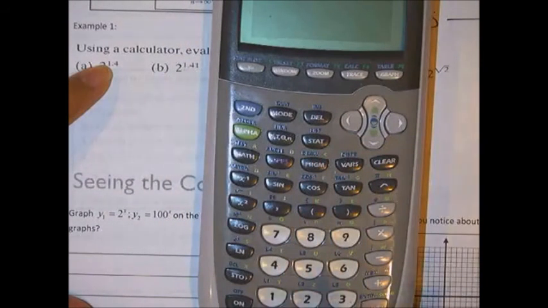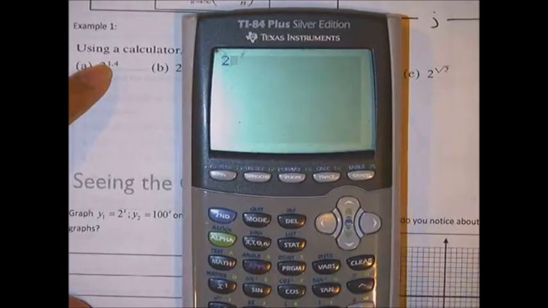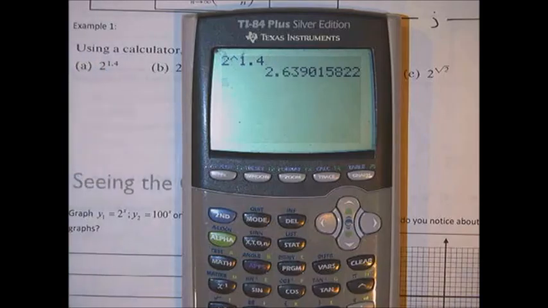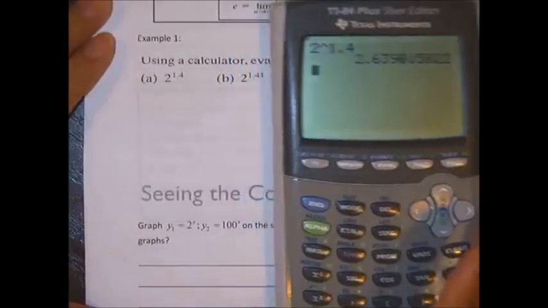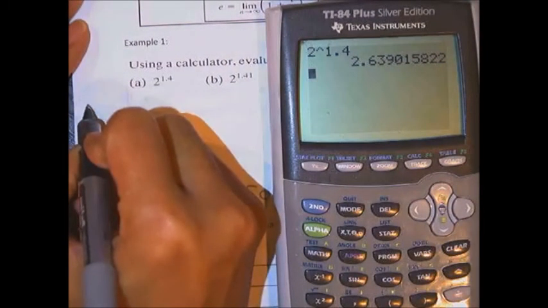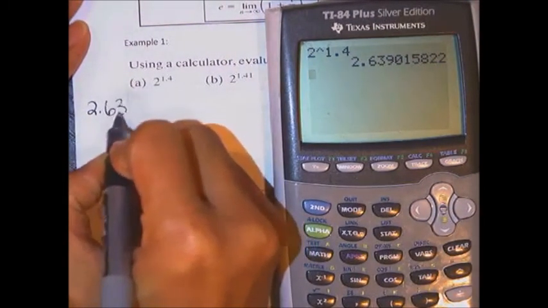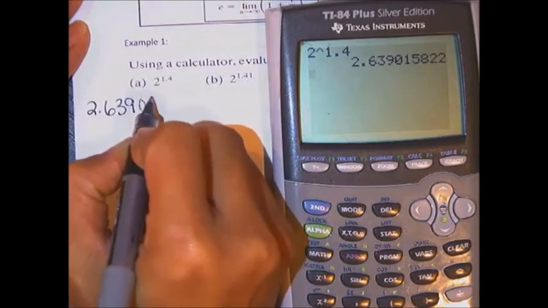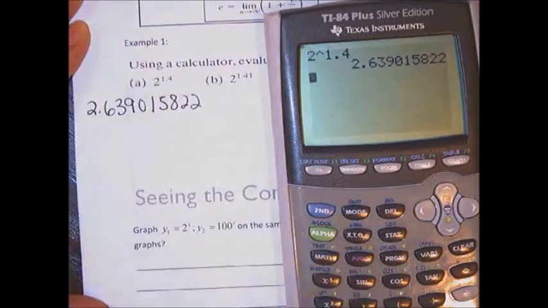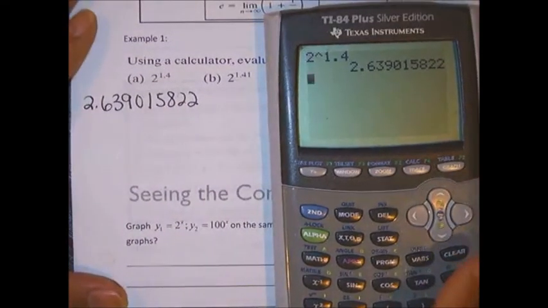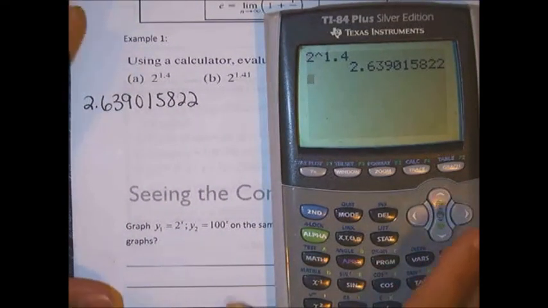I'm going to enter 2, caret, 1.4. Equals. I would like you to round that to, you know what, don't round. Write it all out for me. Here we go: 2.639015822. That's what we get for 2 to the 1.4 power.